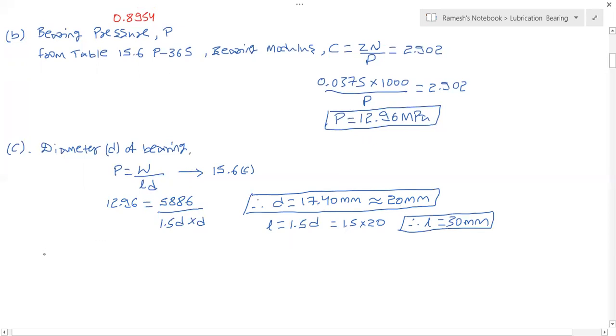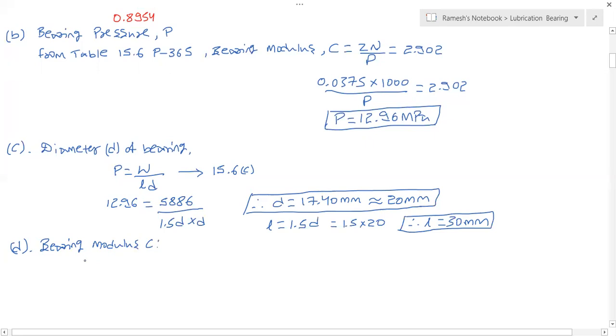After finding that, they have already given the type of oil, it is SAE 40. Next, by using the bearing modulus, we have already calculated the bearing pressure, and we need to use the bearing modulus formula. Therefore, the fourth one is to find out the minimum bearing modulus.